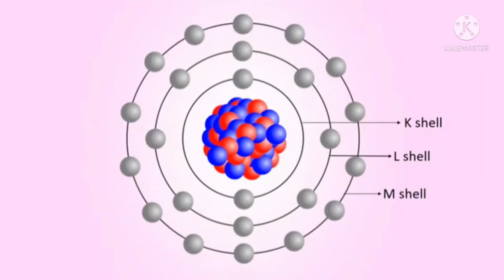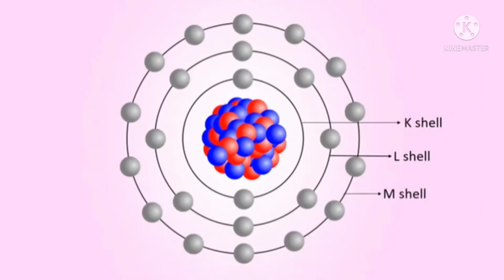In the second shell, L shell, there are 8 electrons, and in the M shell there are 18 electrons which are revolving around the nucleus. So in this way we can say that K shell has maximum capacity of 2 electrons, L shell has maximum capacity of 8 electrons, and M shell has a maximum capacity of 18 electrons.